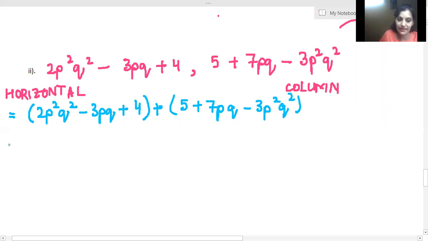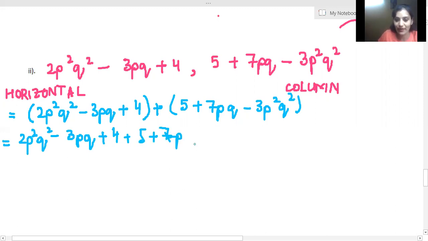Now the next step is opening up of the brackets. Because you're doing addition, there is no fuss of sign change. So simply note down the terms as it is, and in the next step, gather the like terms together, your friends. Friends are made only when you have some likes between you, right?